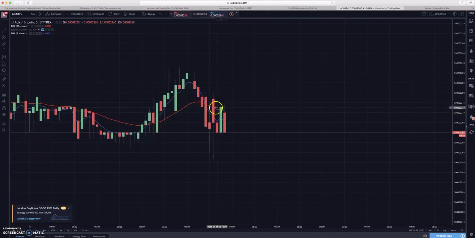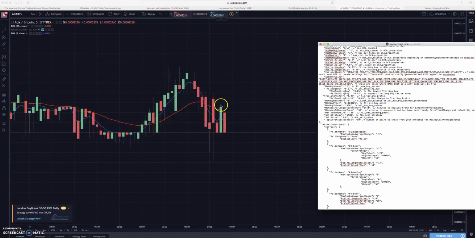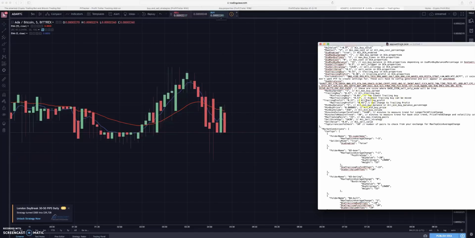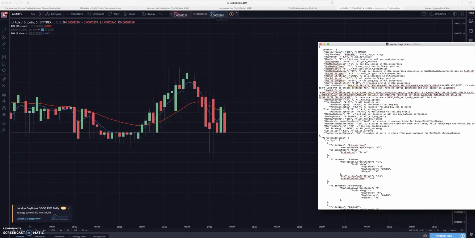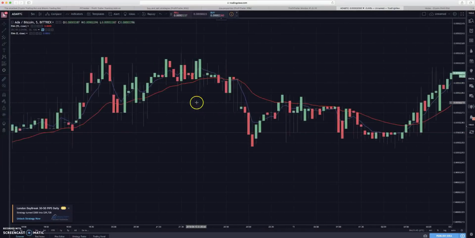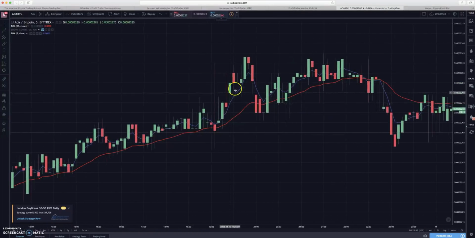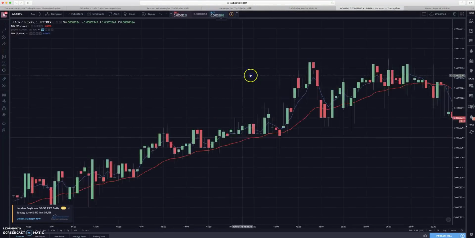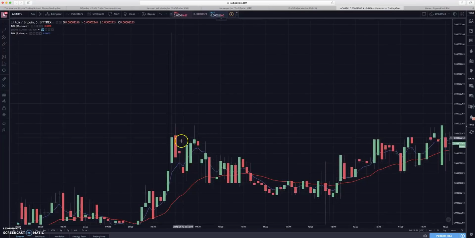And then the same thing with trailing profit is the same idea. My DCA profit or my DCA sell value is at 0.5. So it's going to look for 0.5%. Now, if it keeps going up, so maybe we'll look for a bigger green candle. Maybe this one. It's not even there either. Okay, this is perfect.